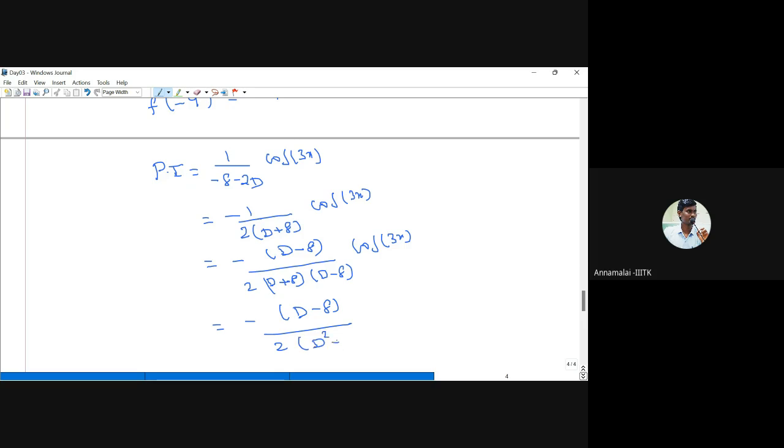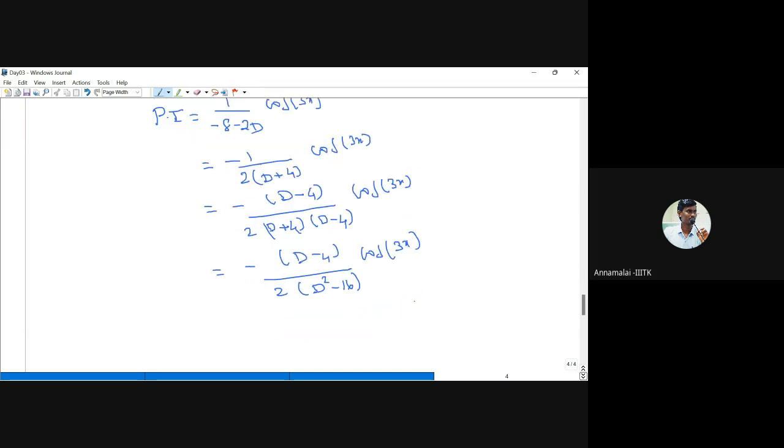So therefore it's minus d minus 4 by 2 into d square minus 16. Sorry, we already took 2 outside, therefore it should be 4, and 4 square is 16, into cos of 3x.